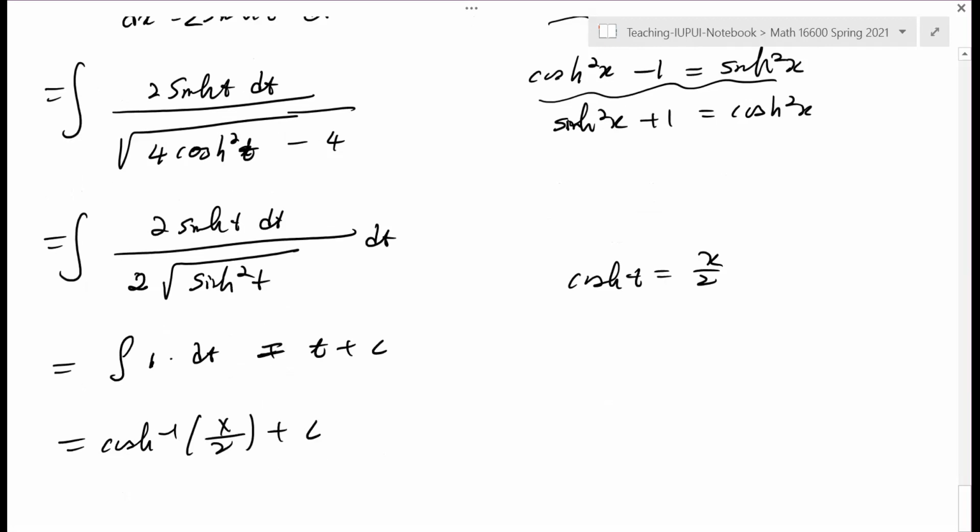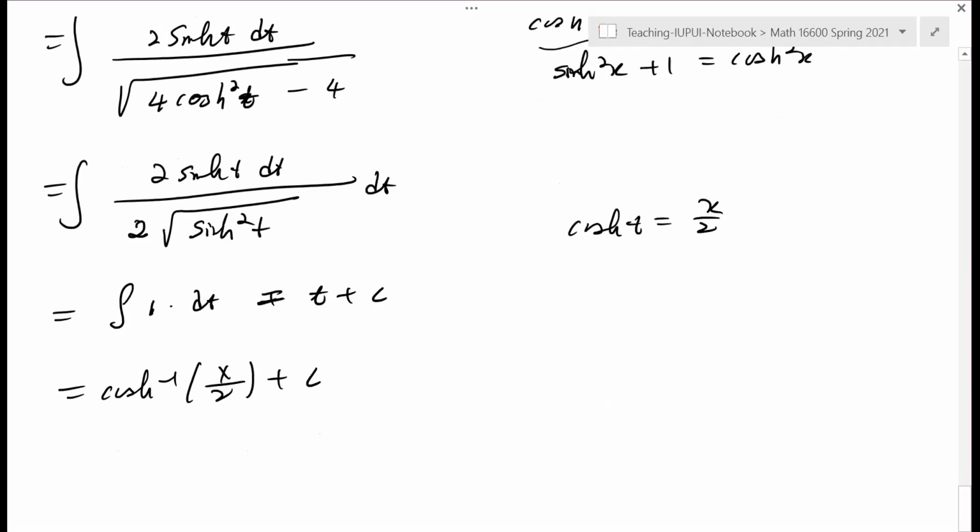Now that is the answer, but this can also be expressed in terms of x in the usual notation, because this was given. It's half of this plus half of x times the square root of x squared minus 1, plus constant.